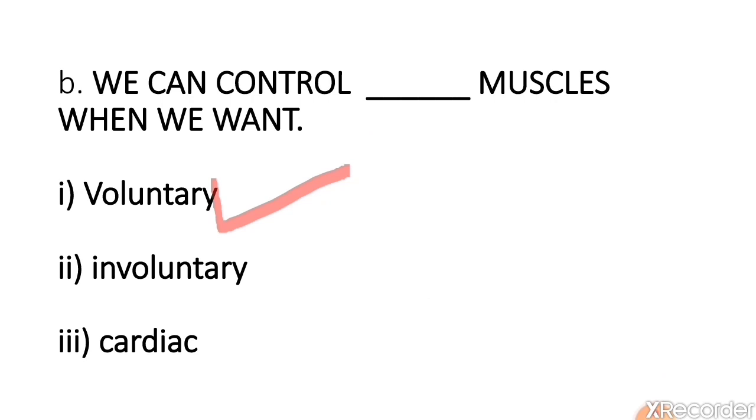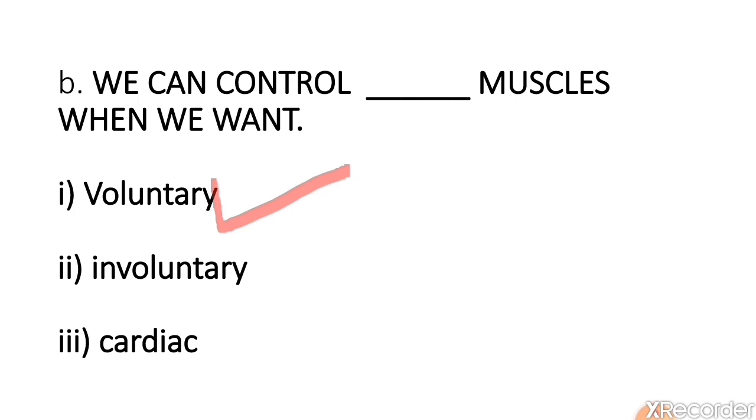We can control the voluntary muscles, like when we write or walk, talk, jump, laugh. All these activities are done with the help of voluntary muscles, and these activities are in our control. Okay, so that's why the answer is voluntary muscles.